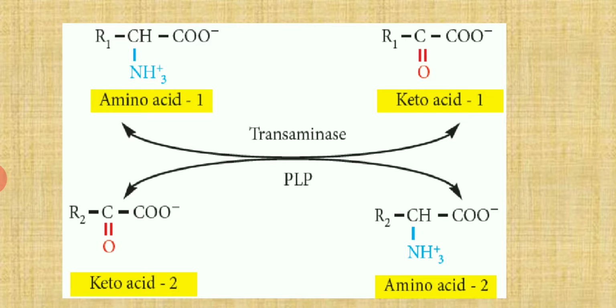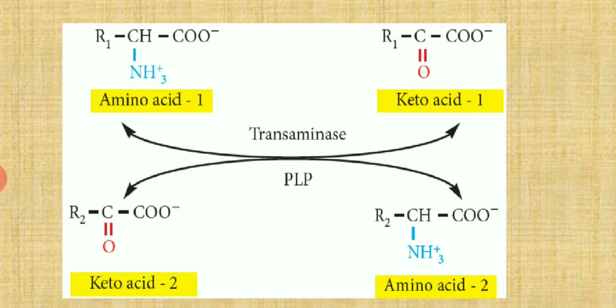By shift of double bond, aldehyde is converted to ketimine, which is hydrolyzed to release alpha keto acid 1 as a product, leaving pyridoxamine phosphate held non-covalently to the enzyme.